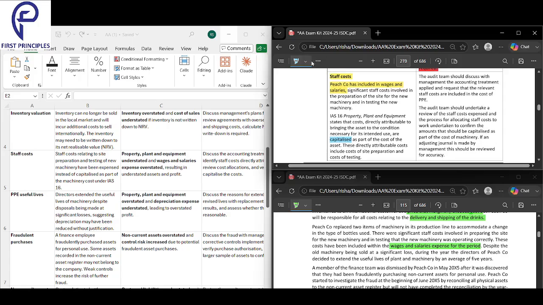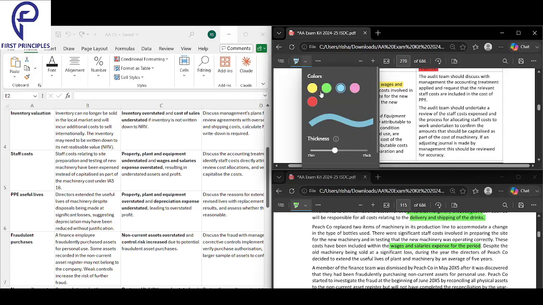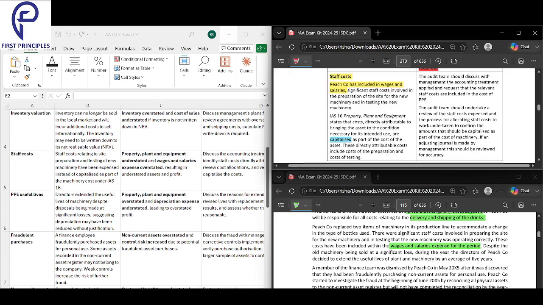As an audit team, what you have to do is discuss with the management the accounting treatment that they have applied and request that the relevant staff cost should be included in the cost. Tell them, please, sir, put it in the cost. You have put it wrong. They have expensed it in the P&L account, but they should put it in cost.